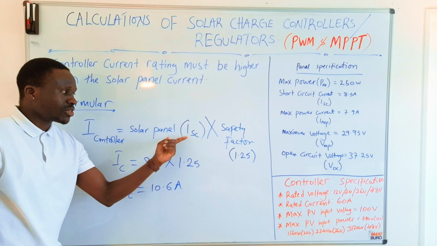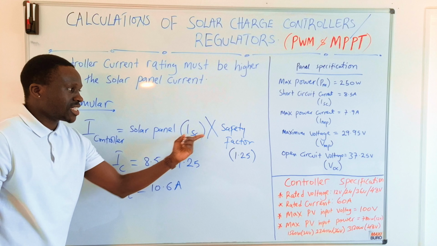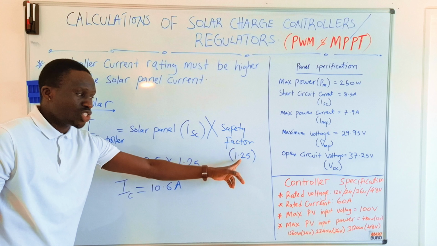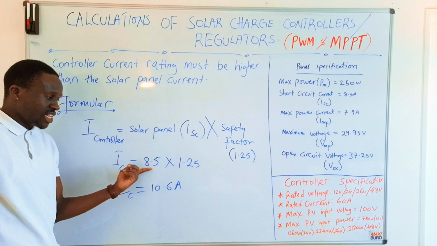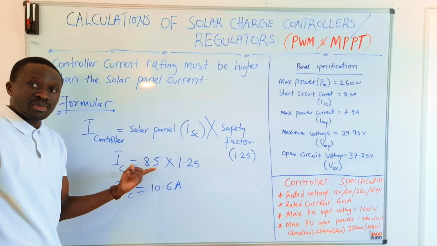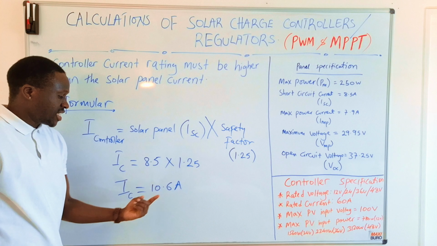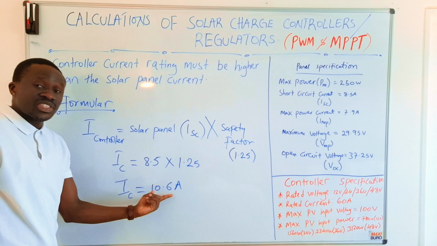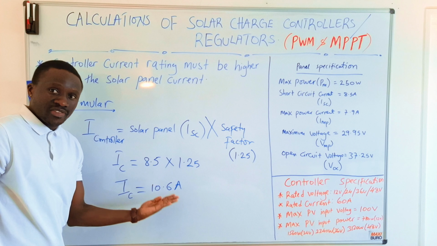The solar panel short circuit current times the safety factor. Safety factor is 1.25. If you multiply this, I have used the short circuit current from the solar panel, which is 8.5 times 1.25. It has given us 10.6 amps. The calculation has given us this.